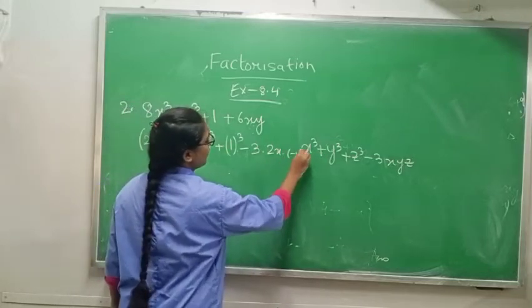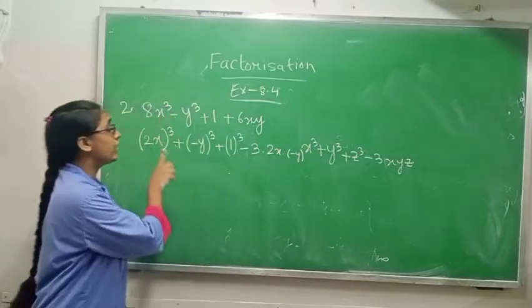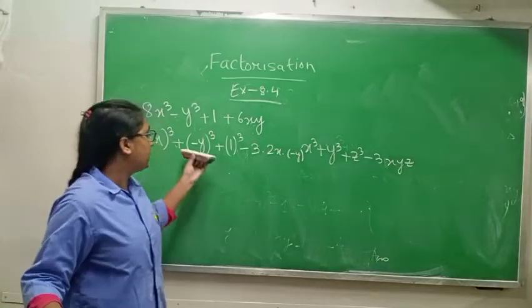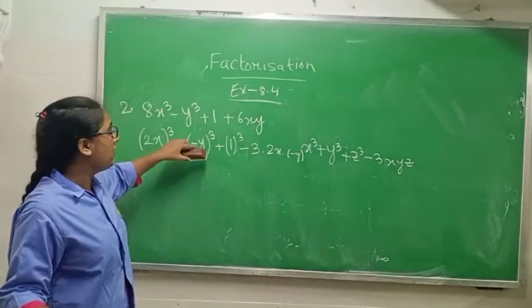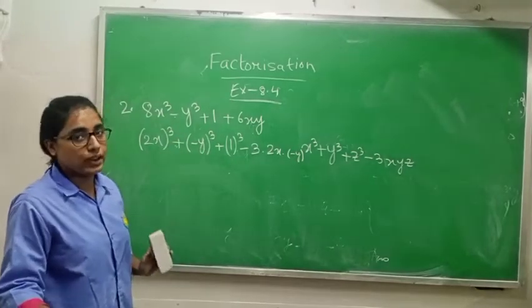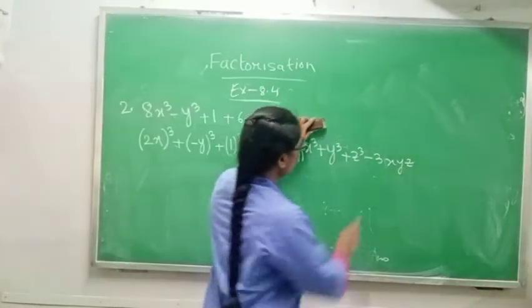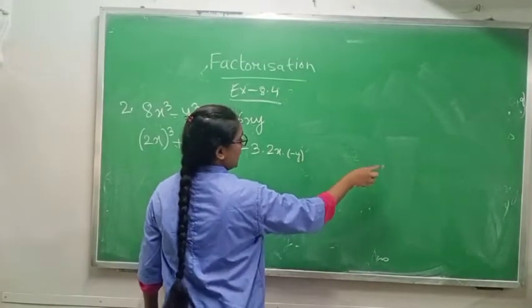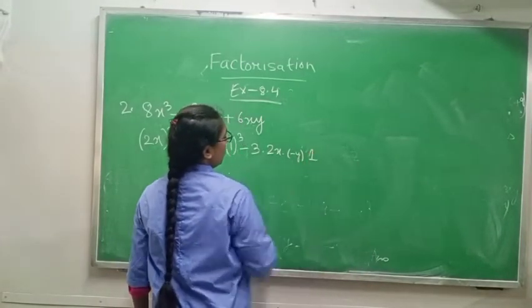Wherever you will write y, you have to write minus y because you have already taken it inside the bracket. It is part of y, minus y. Okay. Now z cube. So z is 1.